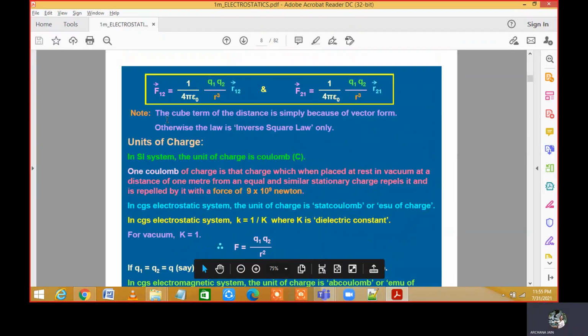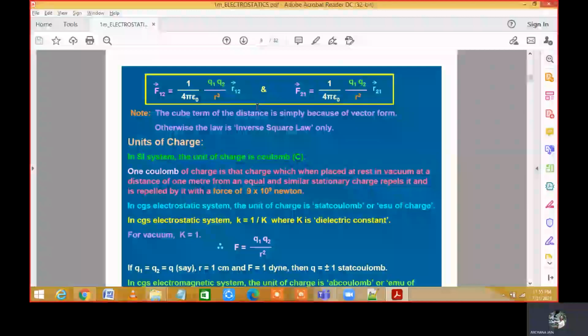Now see here, again the same thing, the formula for F12: 1 upon 4 pi epsilon naught q1 q2. Now we have taken r cube. Why have we taken r cube? Because we have substituted the value of the unit vector. Unit vector is vector upon its modulus. That's why r12 cap becomes r12 vector upon r, and that's why this becomes r cube.